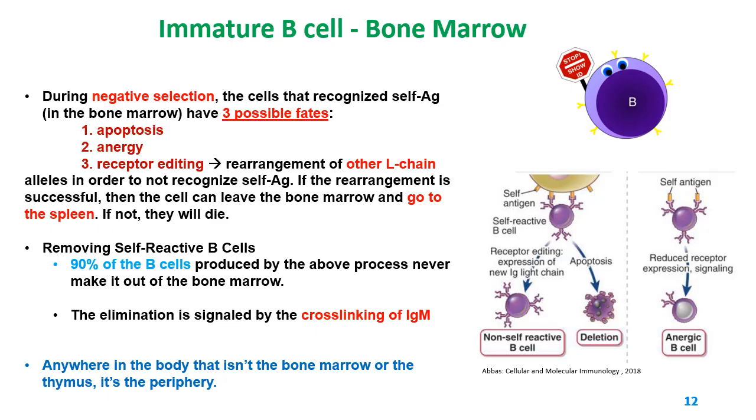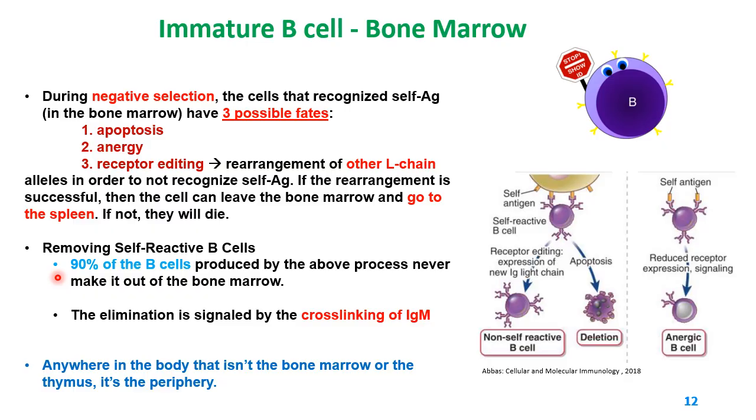They can either die, or they can become zombies, or if they have the option, they could try to reshuffle the light chain and edit the receptor, to try to become useful in some other way.